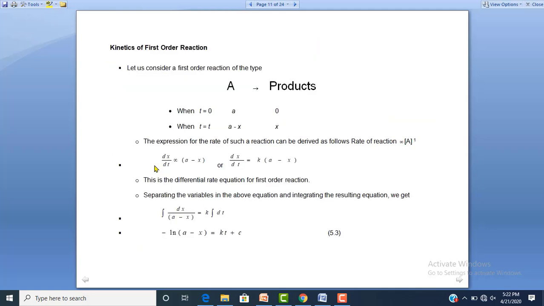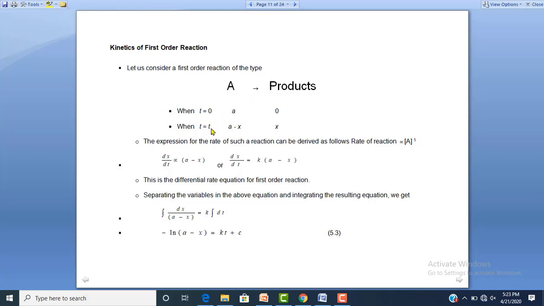Dear students, now we will study the derivation of a rate constant expression for the first order reaction. To understand the kinetics of first order reaction, let us consider that a reactant A is converted into some products. When the reaction starts, when time was 0 second, there were a moles of the reactant A and 0 moles of the product.